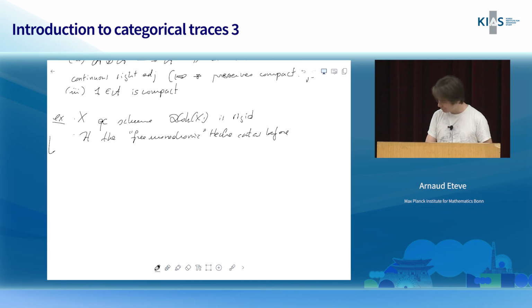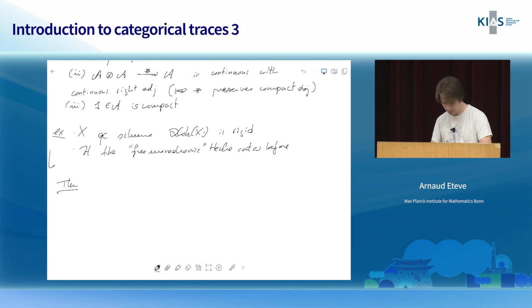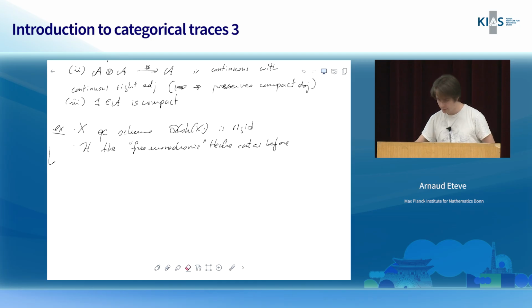Okay. All right, and so here's the theorem. No, sorry. Before the theorem, I want to say one more thing. So now we're going to take A to be a rigid monoidal category.